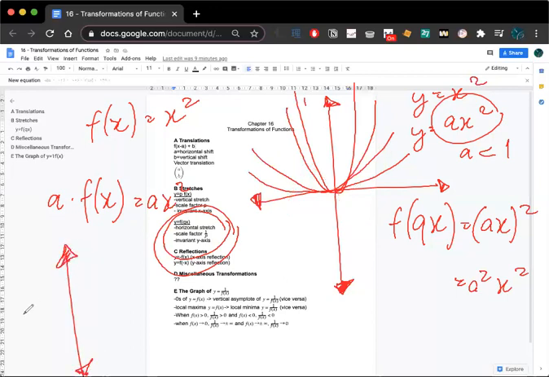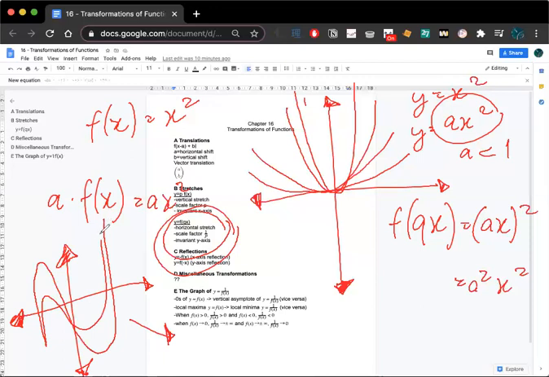Okay, so I'm not sure how the horizontal stretch would exactly look like in this form, because it will probably be pretty similar to the stretches of the vertical. But if you have something like this graph, the cubic graph, then the vertical stretch would look like something like this.